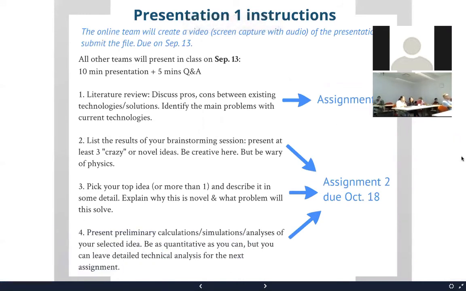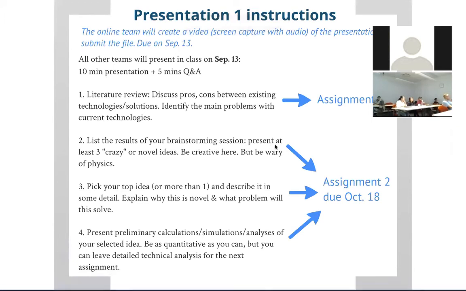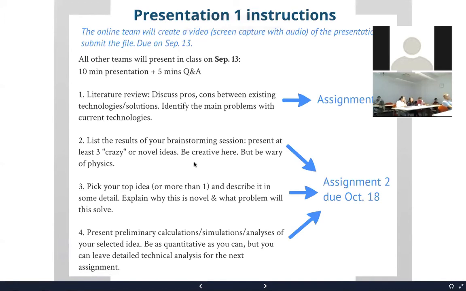Okay, so you see number 2 is list the results of your brainstorming session for your project. I would present at least 3 crazy or novel ideas. Be creative here, but of course be wary of physics. Pick your top idea. If you have more than one, it's fine. And describe it in some detail. Explain why this is novel and what problem will this solve. Finally, present some preliminary calculations / simulation / analysis of your selected idea/ideas.